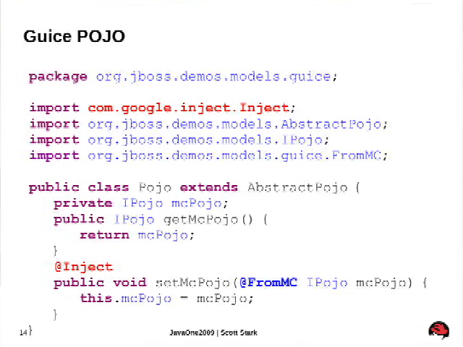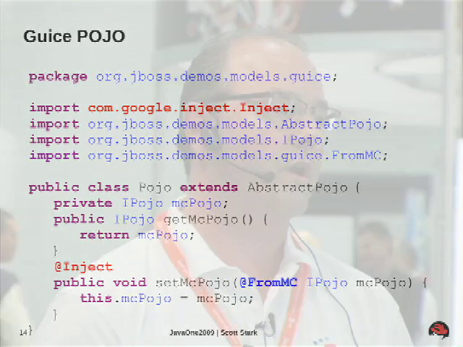And I'm using the Juice injection framework to say that I want to set my MC Pojo to a Pojo that's been annotated with FromMC. And FromMC is a JBoss specific annotation, right? So we're going to have to configure the Juice framework to have a module system that can resolve that reference. Okay, and I'll show you how we do that.